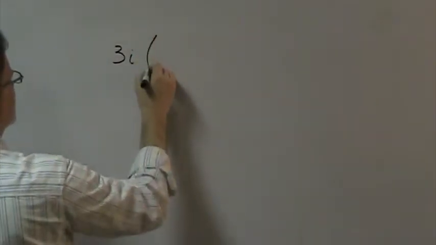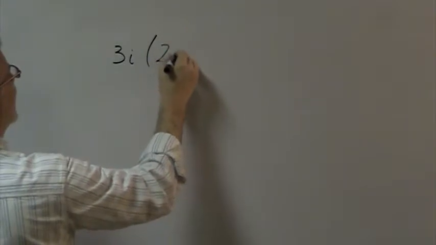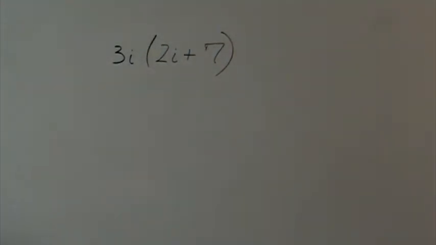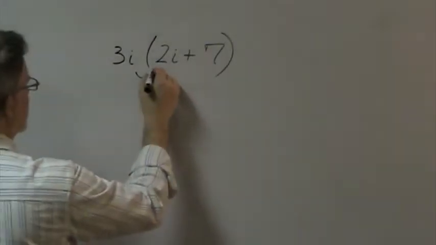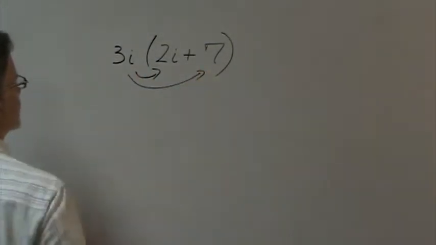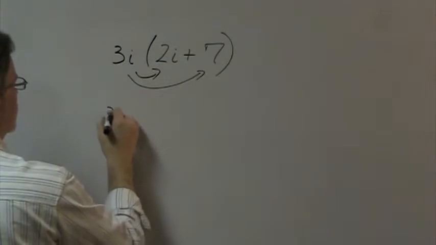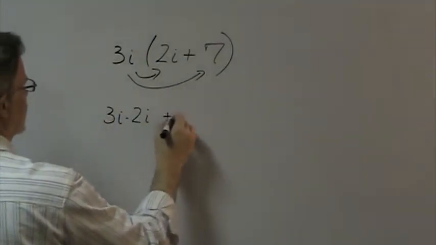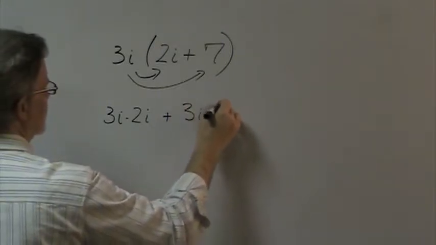We can multiply like terms. Let's look at 3i times (2i plus 7). Multiplying through, using the distributive property that you learned earlier in the semester, the first term is 3i times 2i. The second term is 3i times 7.